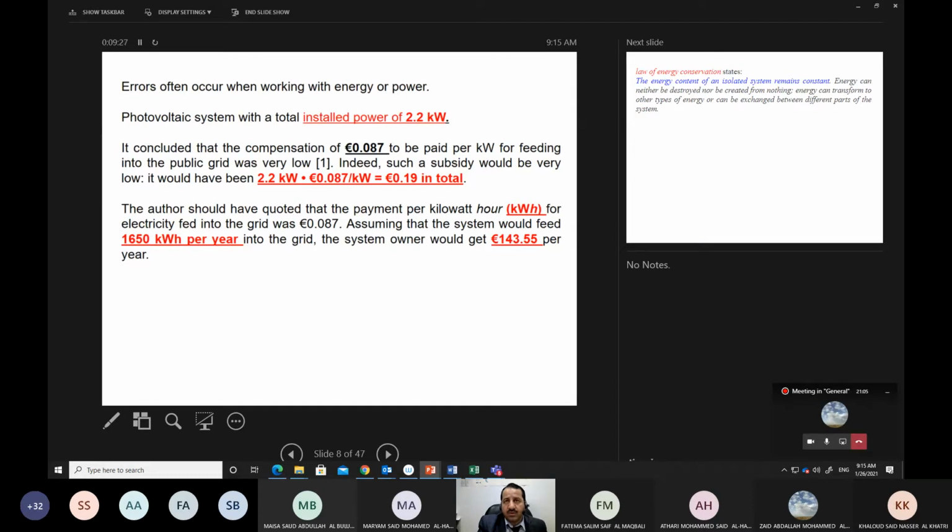Now, when we talk about renewable energy, by the way, let me just tell you something. We as engineers usually deal with some criteria or indexes to judge our systems. As an example, efficiency. Usually we judge our system by efficiency. When efficiency is high, the system is good.